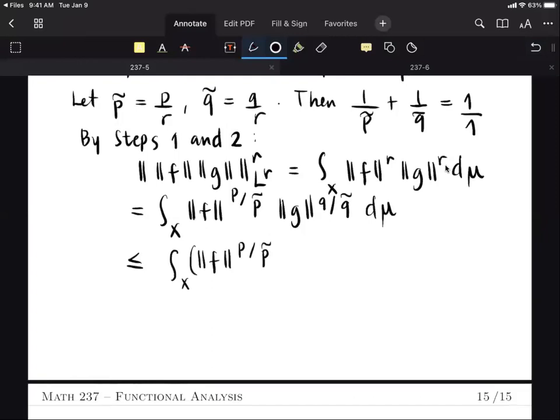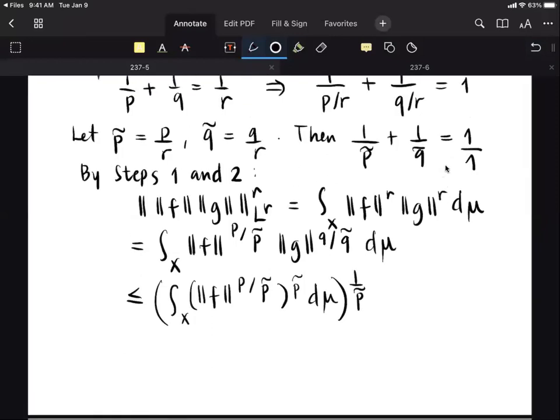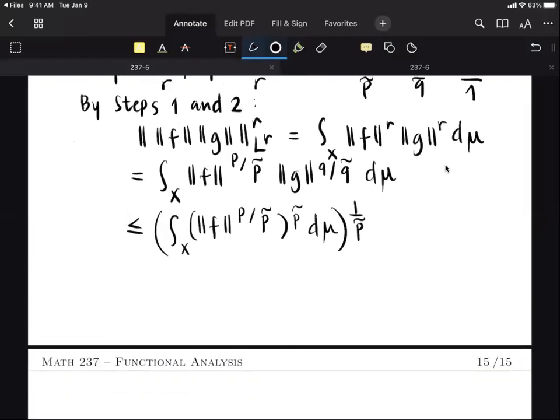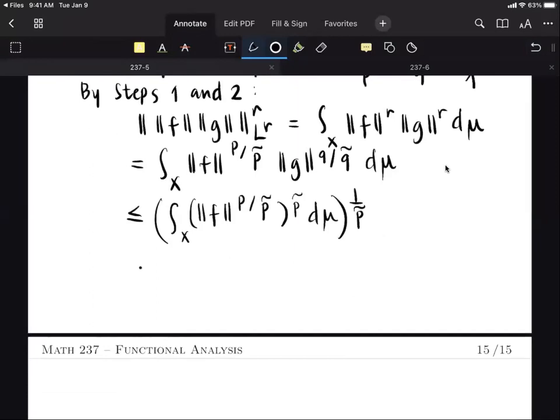So let's raise this to the power p tilde, 1 over p tilde, because that would be our exponents in this case, times, well, you could do that on the second term, q divided by q tilde raised to q tilde d mu, 1 over q tilde.